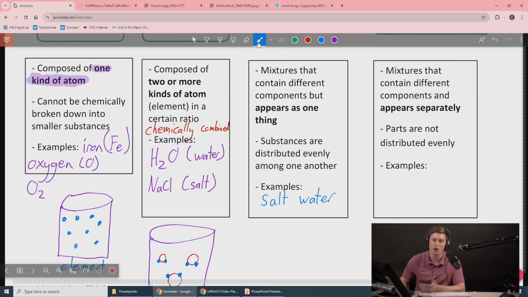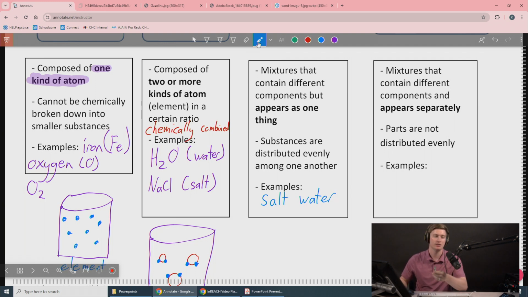You can also have solid homogeneous mixtures. For example, if you are looking at a piece of steel, that is an alloy. It's a mixture of different things. It's iron, but it also has some carbon, and if it's stainless steel, probably some chromium, all mixed together, but it looks like one piece of metal.